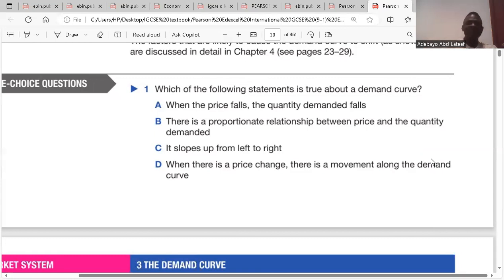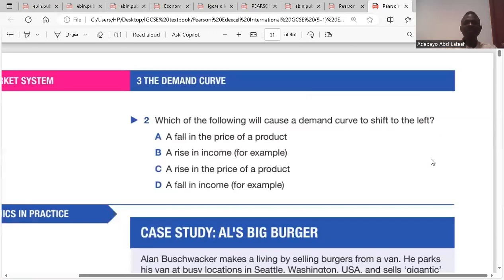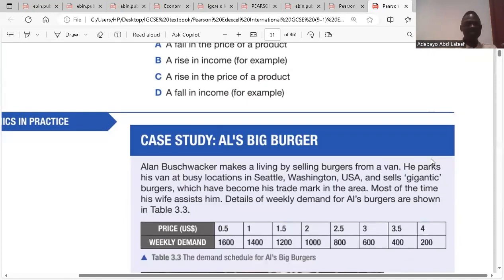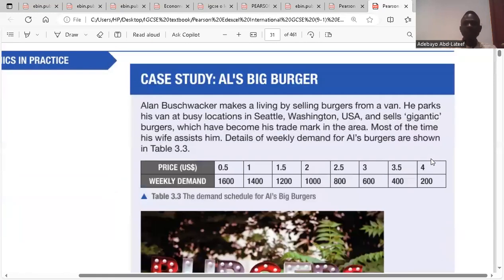D, great. Question 2. They said, which of the following will cause a demand curve to shift to the left? D, great. I think it's clear. So go to the case study.